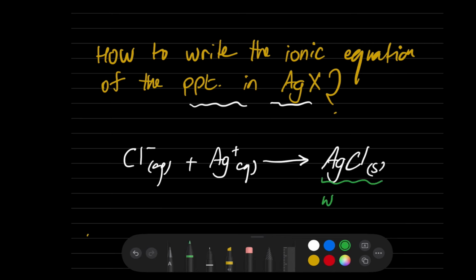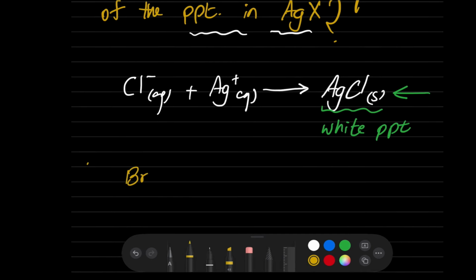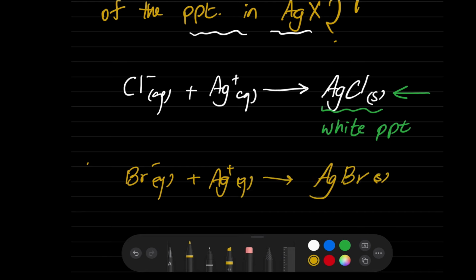AgCl is a white precipitate. But if we have bromide in aqueous form as a halogen, which has a negative charge as well, once it reacts with the silver ion in aqueous form, it will form AgBr in solid state, with a creamy precipitate.